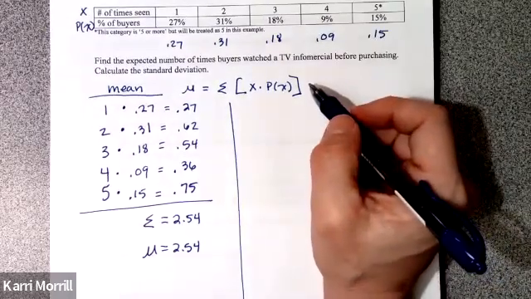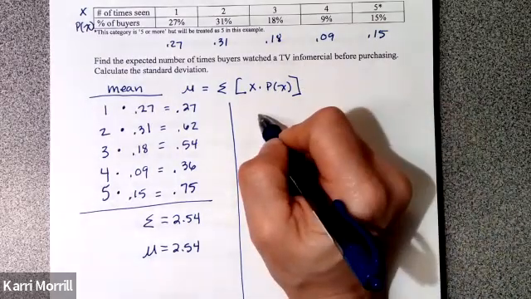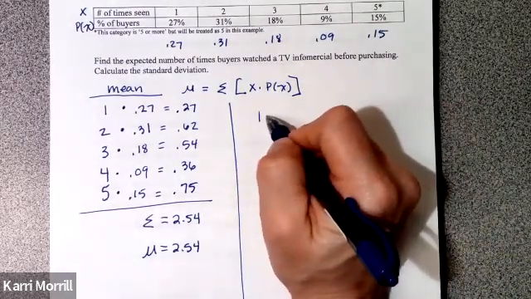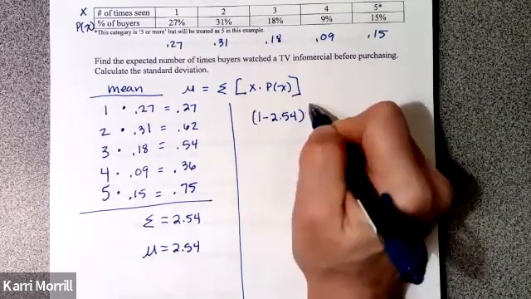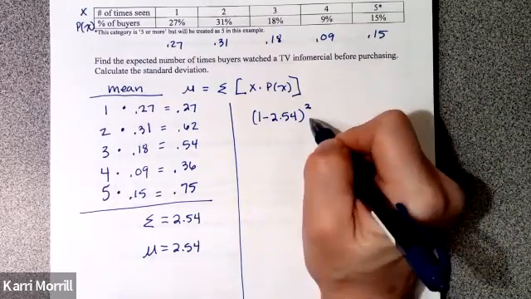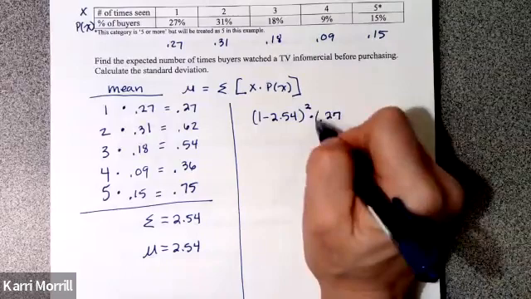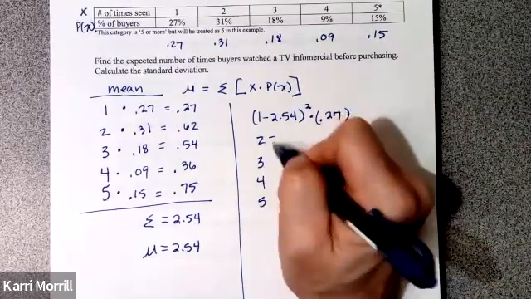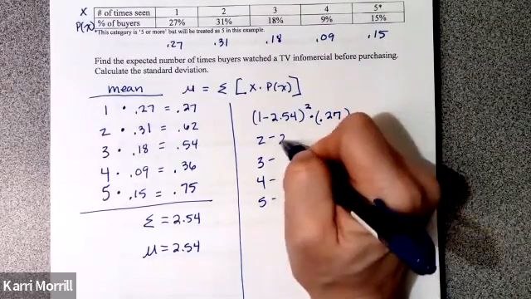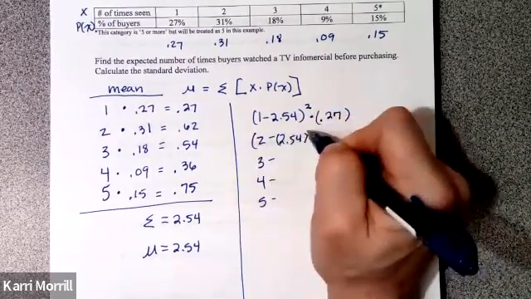So we now need to do the one that takes a little bit longer. We're taking 1 minus the mean. We're going to square it. And then we multiply times the probability. 2, 3, 4, 5. At least we don't have 7 this time, right? Oh, there should be a parentheses out there.